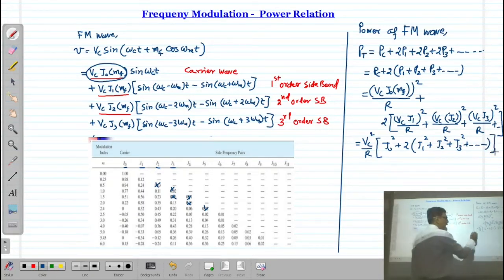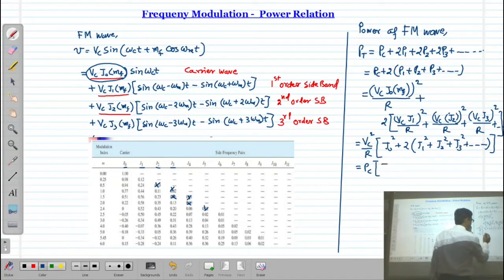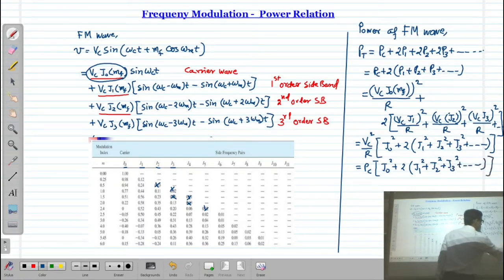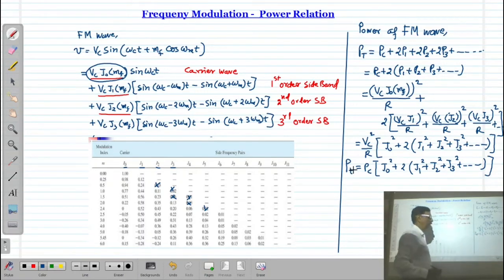Here Vc square by R is nothing but my original power, the carrier power, the unmodulated power. And now it is multiplied with this term, 2 into J1 square plus J2 square plus J3 square and so on. So this is the expression for the total power of the wave.